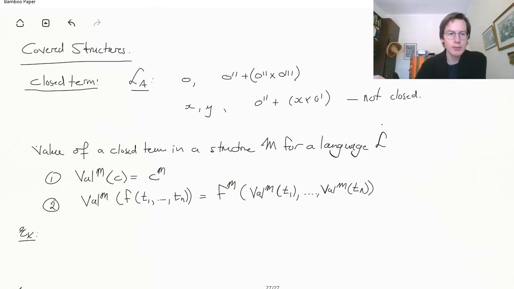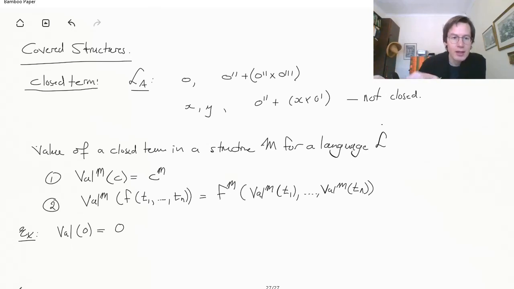So let's look at an example of the value of a closed term. Let's consider our language of arithmetic, and let's consider some of those closed terms we had up there. Clearly the value of the constant 0 was just the natural number 0, because that is the object of the domain that the interpretation assigns to this symbol over here.